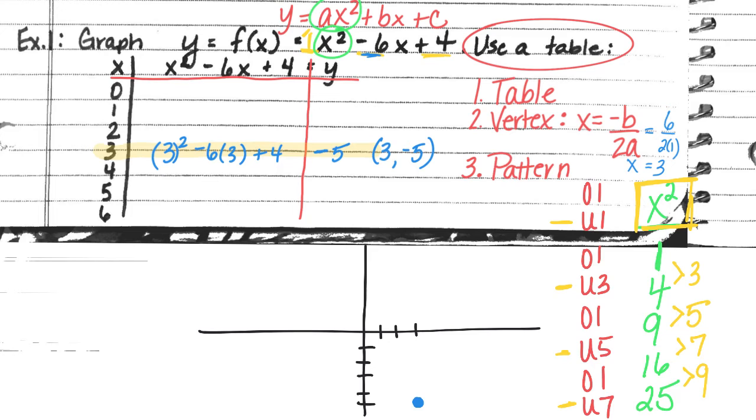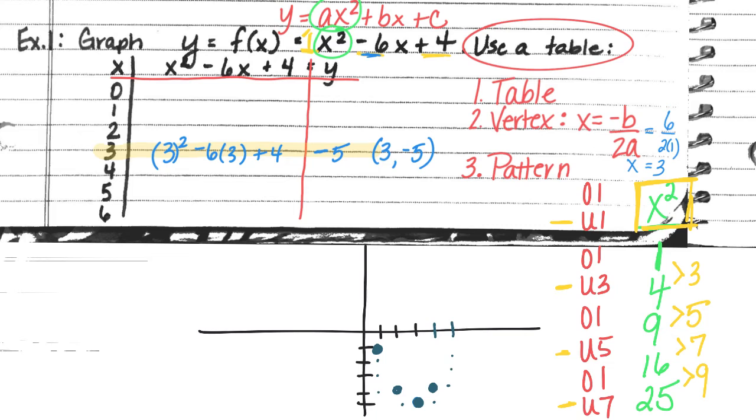So what that means is since a parabola is symmetrical, from this dot, I'm going to go ahead and do a different color. From this dot, I'm going to go over 1, up 1 on both sides because it is symmetrical. And then from that dot, I'm going to go over 1 and up 3.